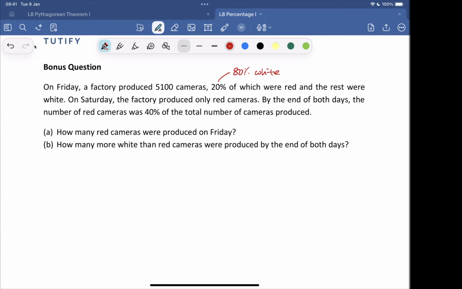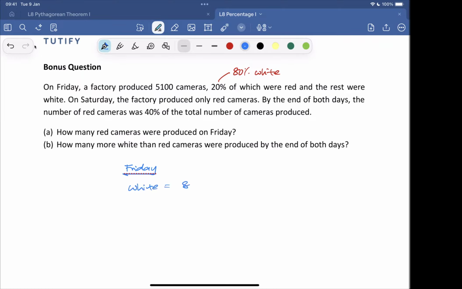So they say that on Saturday, you only produce red. But at the end of both days, the number of red is 40% of the number of cameras. Never mind, let's do it step by step. Let's talk about Friday. On Friday, how many percent is white? 80%.